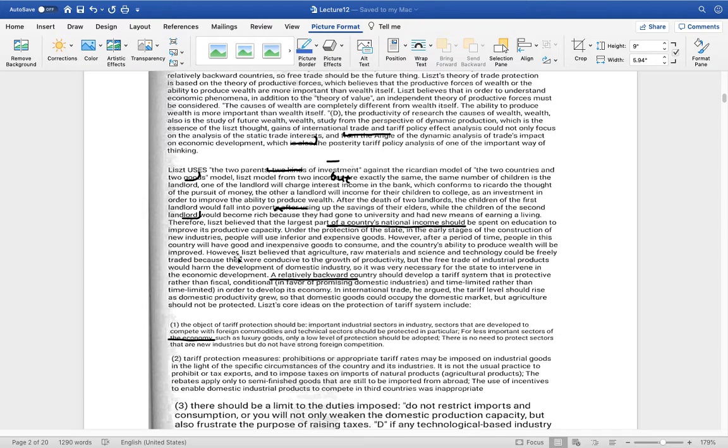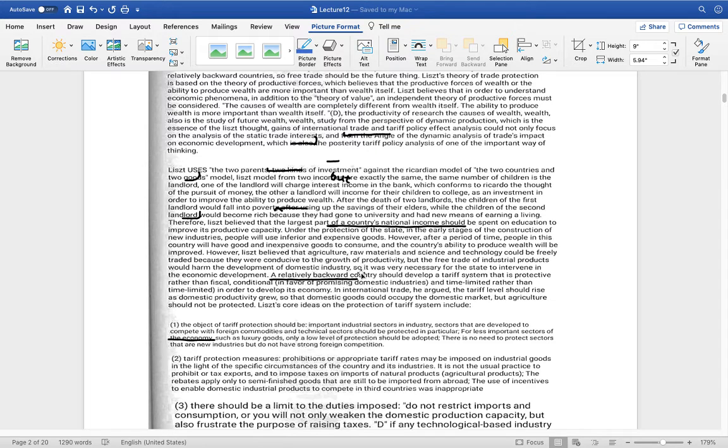List believes that agriculture, raw materials, and science and technology should be freely traded because they are conducive to the growth of productivity. But free trade of industrial products would harm the development of domestic industry.